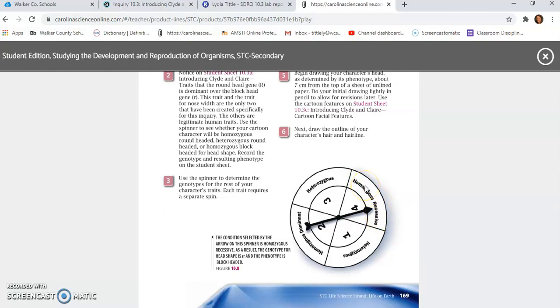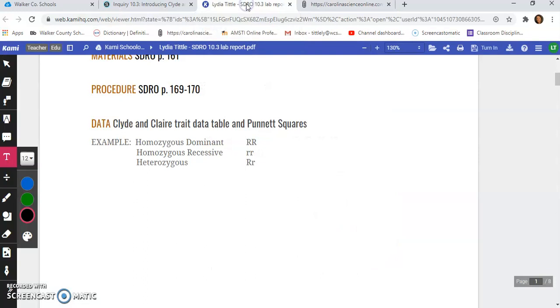If you land a head and a tail, then we'll do that as heterozygous. And if you land 2 heads, then we will use homozygous dominant. So 2 heads is homozygous dominant, 2 tails is homozygous recessive, and then 1 head and 1 tail would be heterozygous. But if you're at school, you'll be using the spinner to do these.